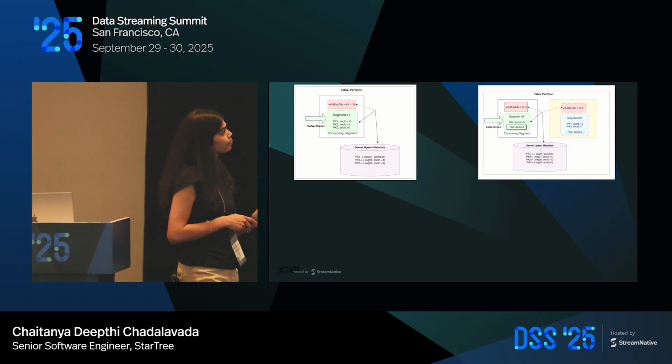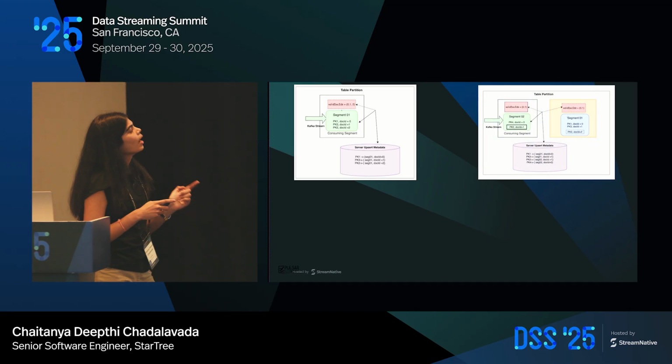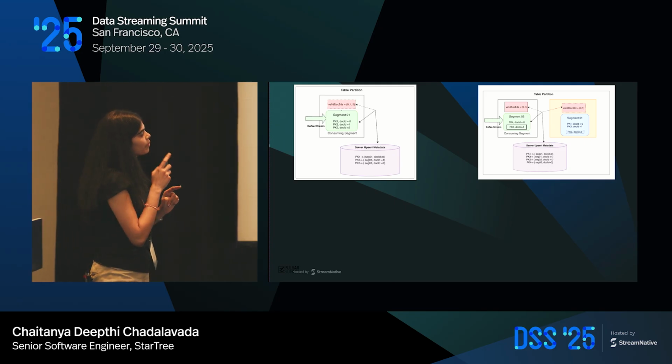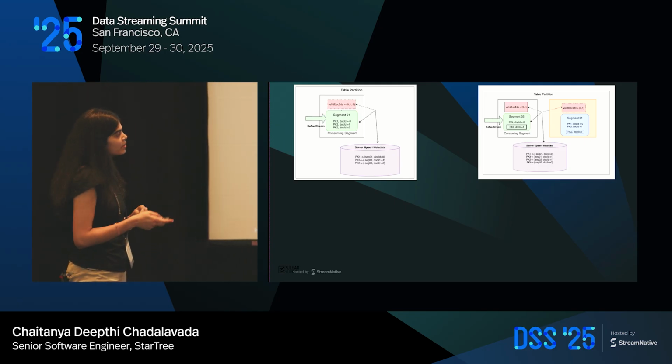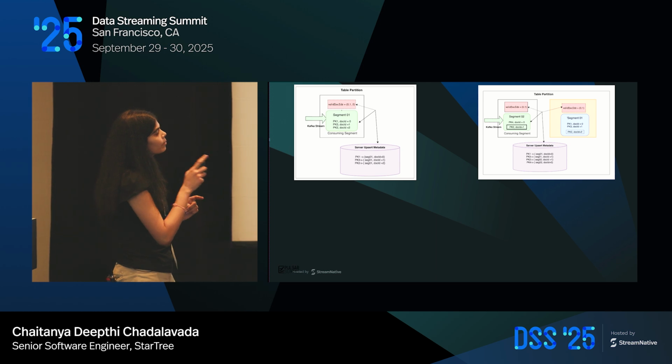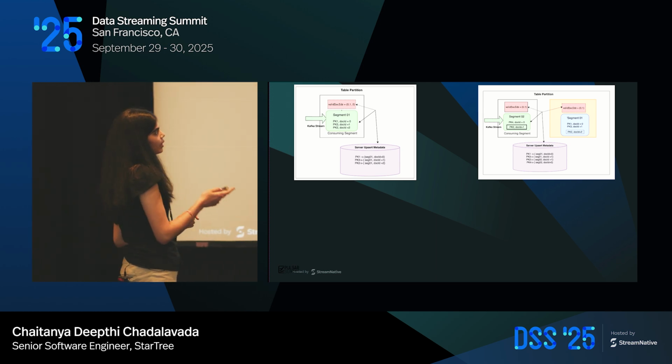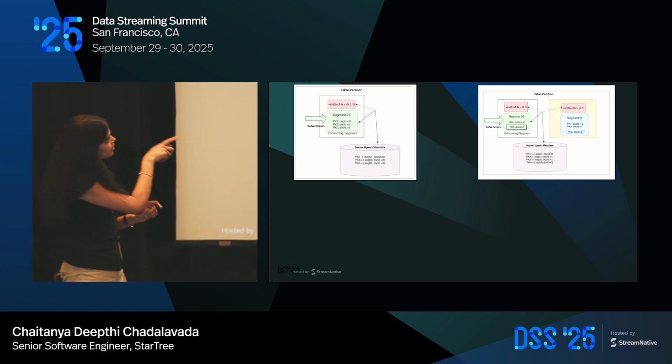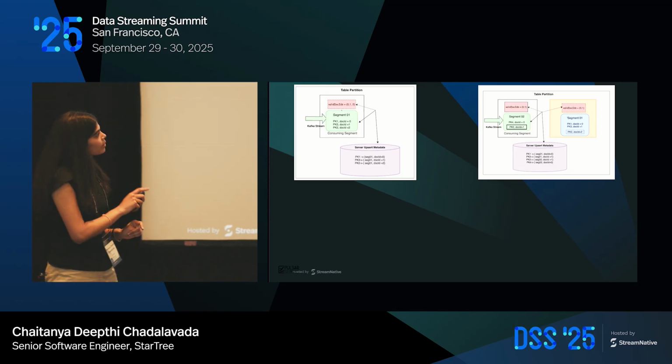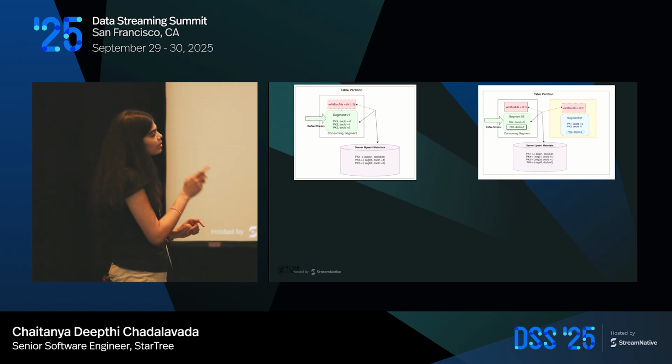Now let's say segment 2 comes in with the same primary key that was present in segment 1. What happens here is that we invalidate the valid document present in segment 1, validate the document present in segment 2, and update the server level metadata.